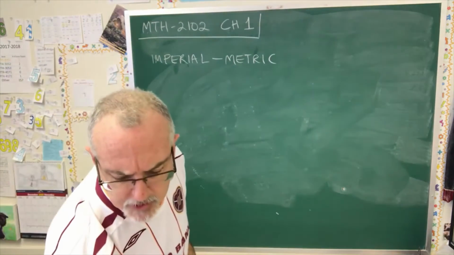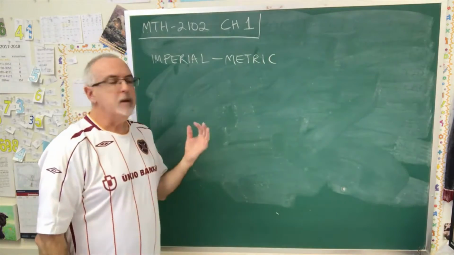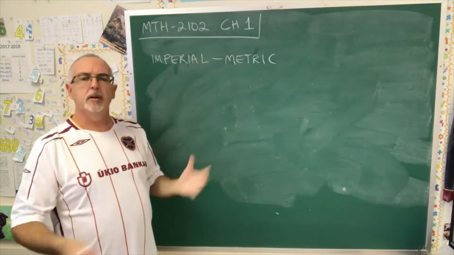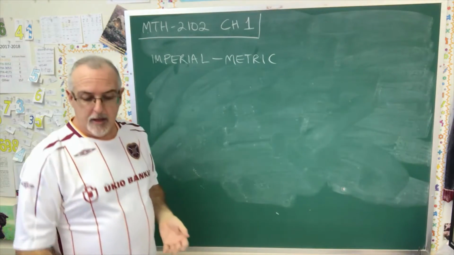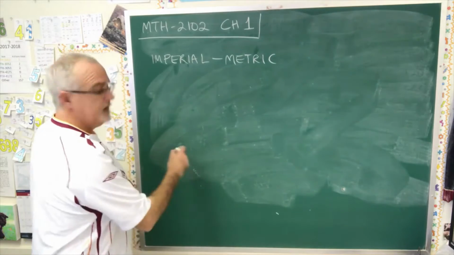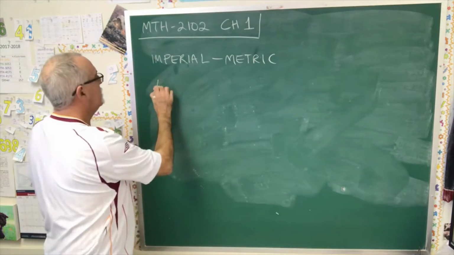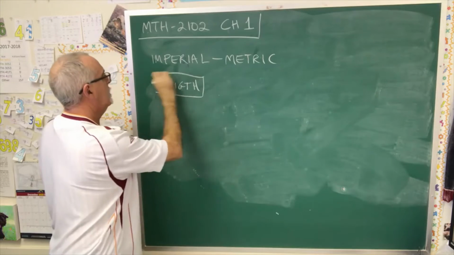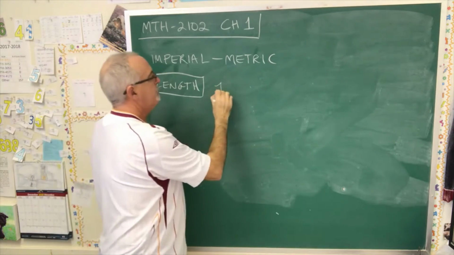So conversions are simple little bits of math, but the thing that makes this a whole chapter is the fact that there are so many of them. Let's talk about that. For instance, in length, we have the yard.